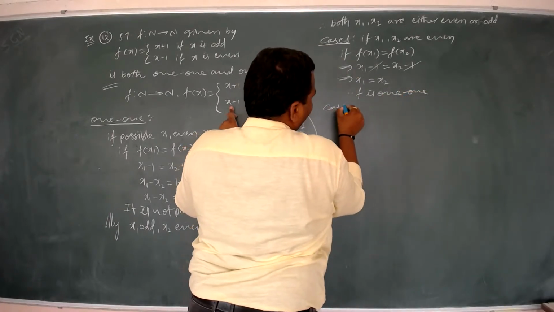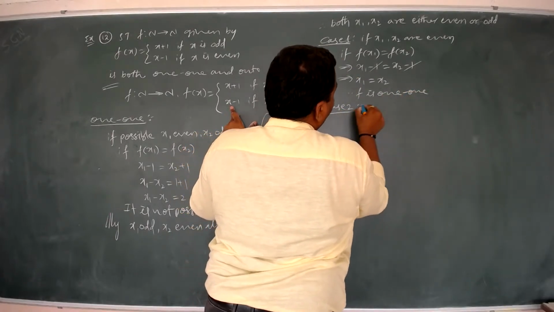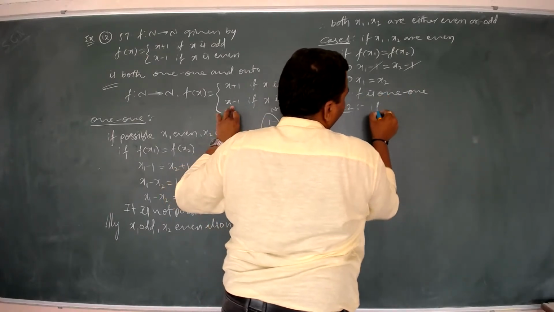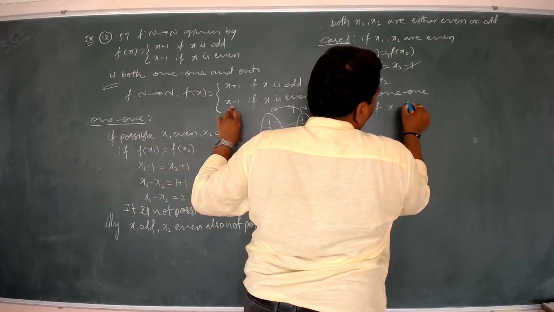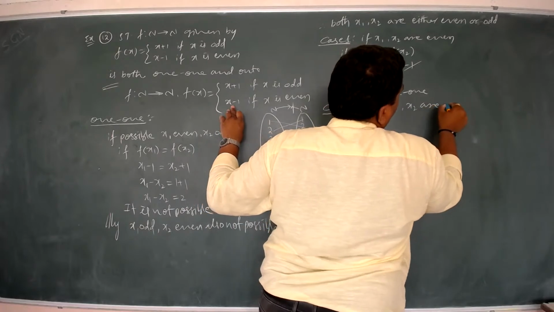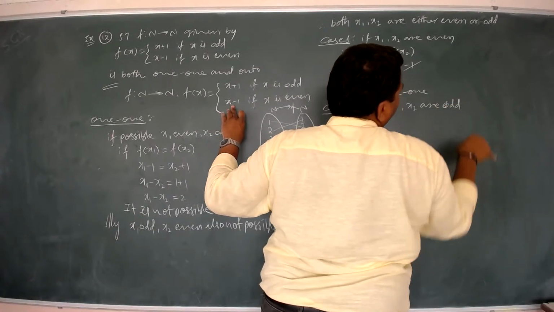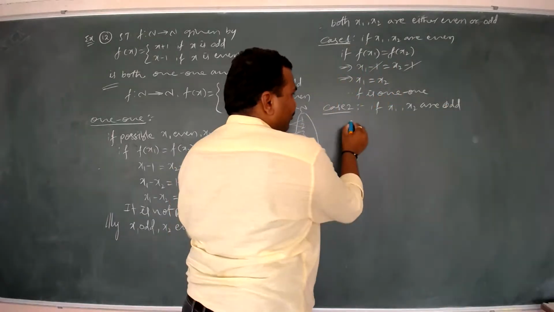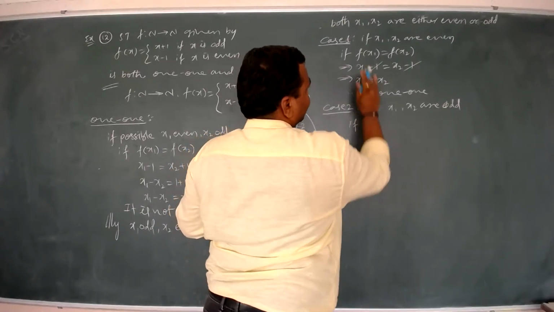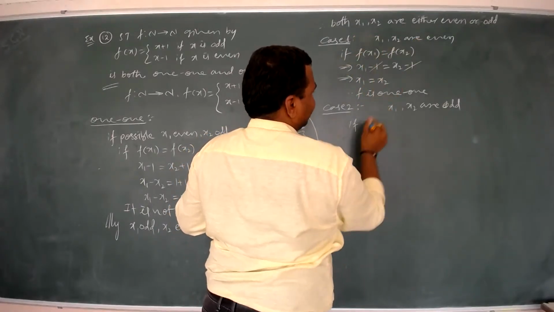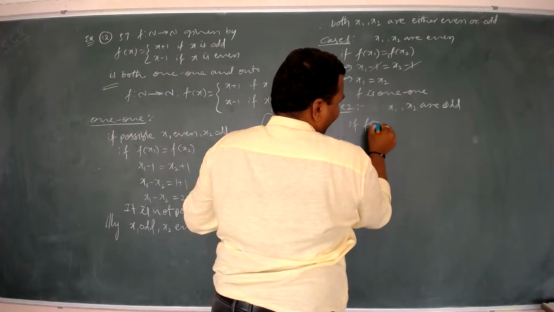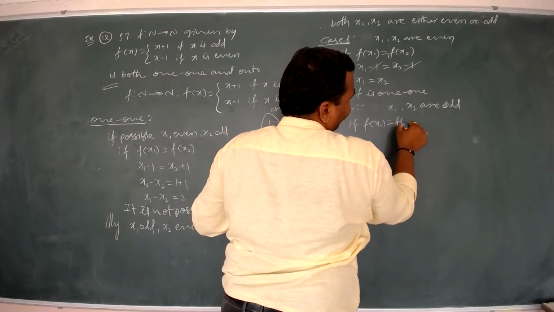Next case 2. If x1, x2 are both odd numbers. If f of x1 equal to f of x2.